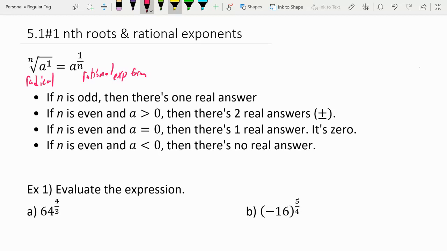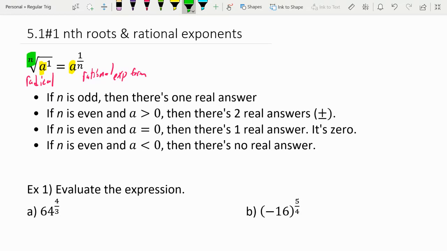In radical form, a is the number underneath the radical. In rational exponent form, a is going to be the base, and then we're really looking at this n.